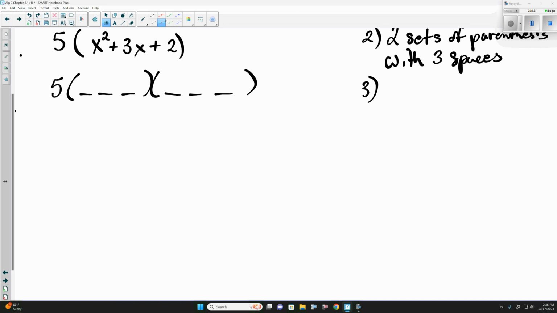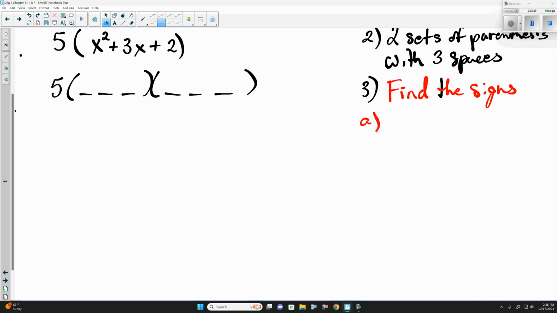The next thing we'll look at, because we can go all the way there, but the steps will get us there. The third step that we have is to find the signs. We need to figure out what signs go in the middle.